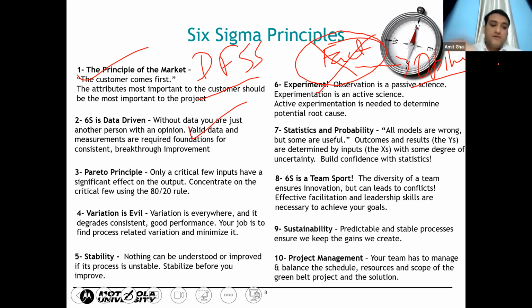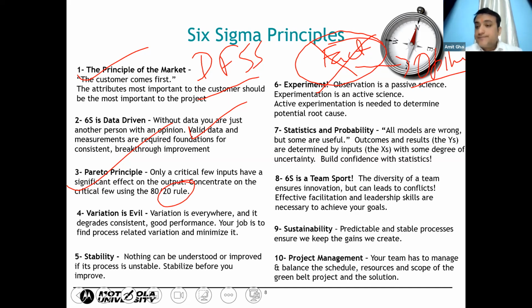And that's why we also use the Pareto principle in Six Sigma methodology. We never try to fix 100% of defects or problems. We use the 80-20 rule, which tells us that 80% of the problems in a defect are due to 20% of the causes. So we focus on fixing those vital few.